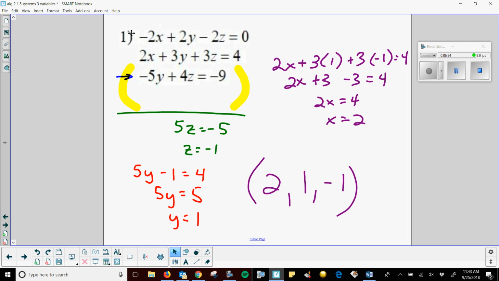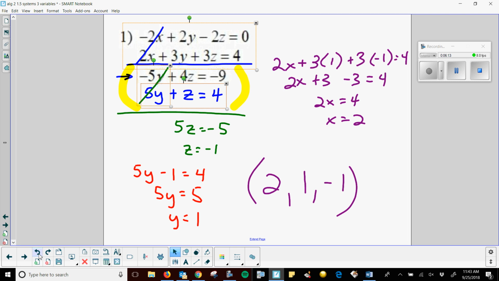No. So getting rid of x here and leaving a single equation with just y and z, 5y plus z equals 4, is exactly what I need to then have those cancel out. And yeah, so I canceled these out when I combined those two together.